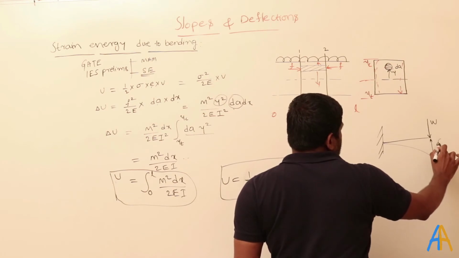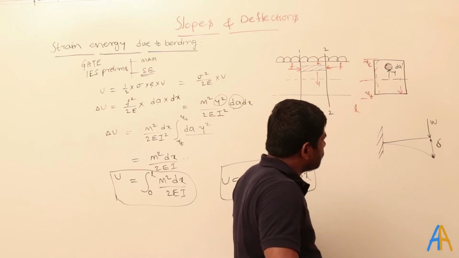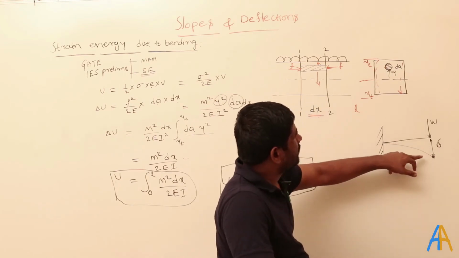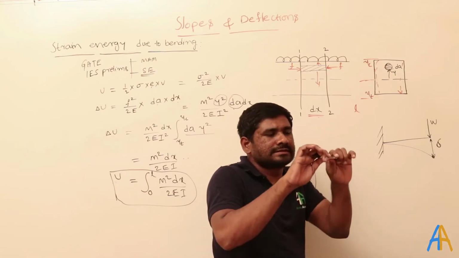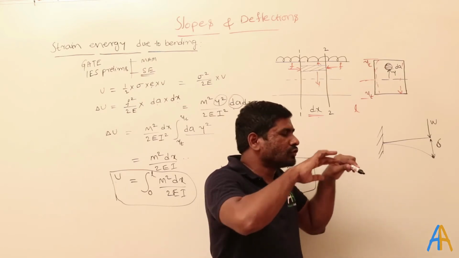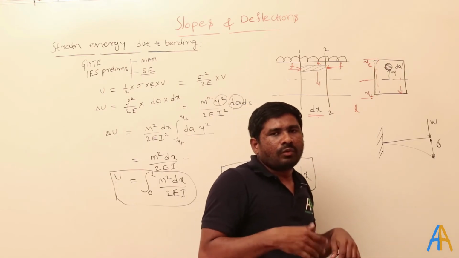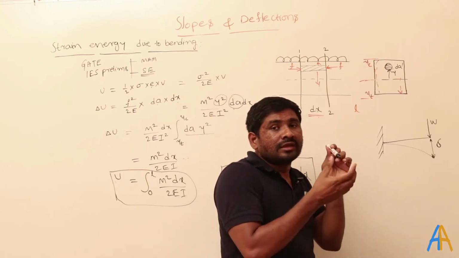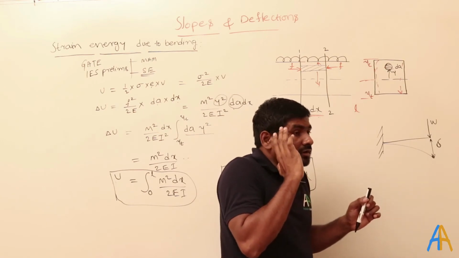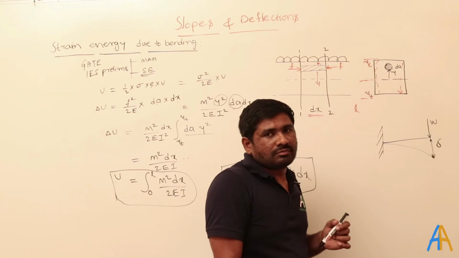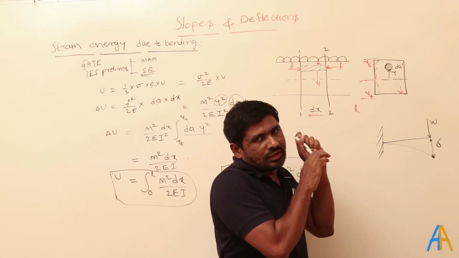Because of the force applied here, it is bent. When it bends, a strain is produced in it. When it is forcibly bent, what is the meaning of that? It is being subjected to strain. Something we say sometimes when we feel very hectic, I got very much strained. In the same way, it is being subjected to the strain.